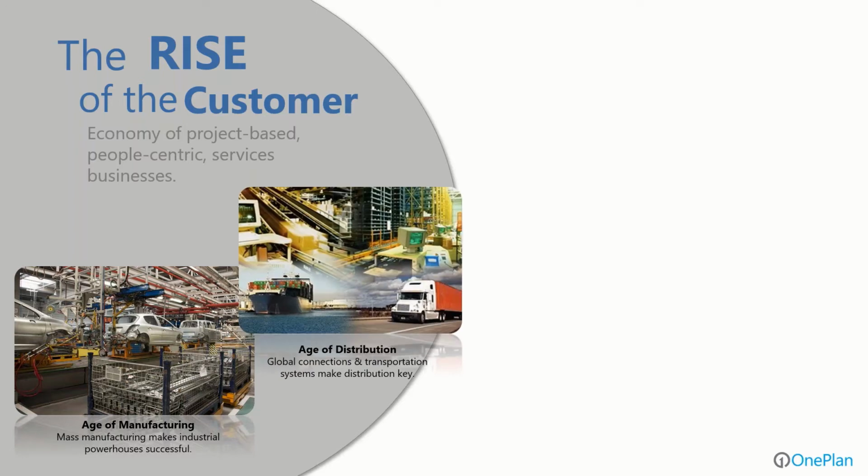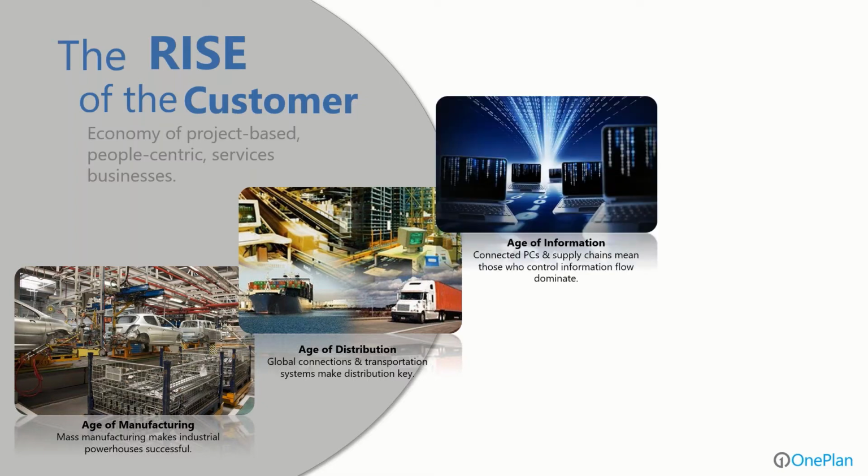We went to the age of distribution, where the differentiator for companies was really about how we can get more efficient in distribution, with global connections and transportation systems and just-in-time ways to get to things. And then there was the age of information, with connected PCs and supply chains and getting more effective with businesses because of the way we managed information.